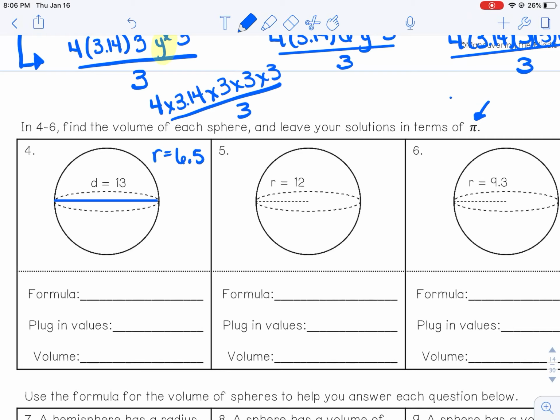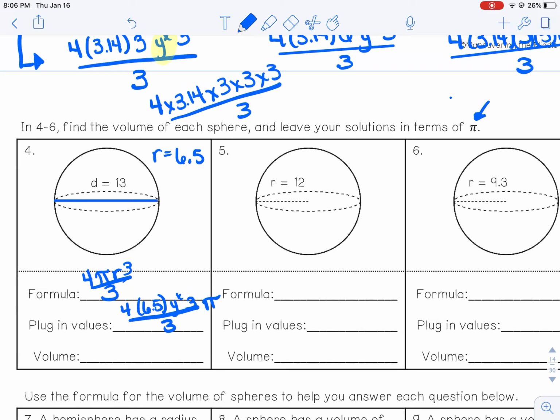Okay, so keep writing that formula down. The more you write it down, the more automatic it's going to come for you. And there you go. All right, so if we plug in the values, 4 times pi, and I'm not going to change that, so I'm actually going to put pi at the end, times r to the third power, so that would be 6.5 raised to the third power, divide all that by 3, pi. Okay, so I just moved pi over to the end so I don't forget about it.